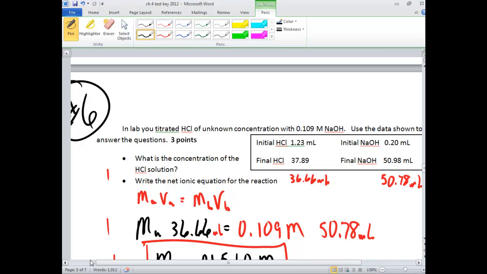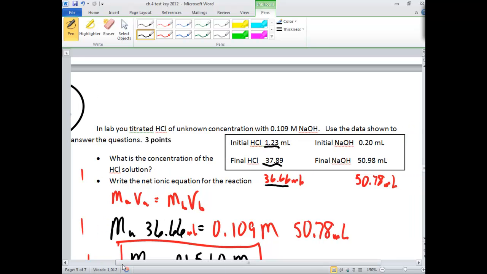Number 6 on the test was just like those titrations you had been doing in lab, where the initial reading on the burette of acid was 1.23, and the final reading was 37.89. That means you used 36.66 milliliters of acid in this titration.